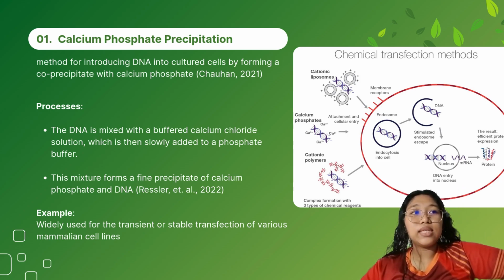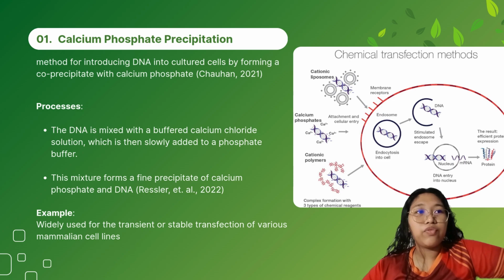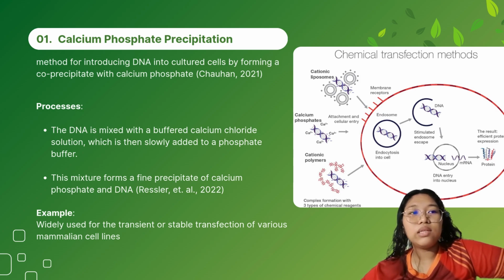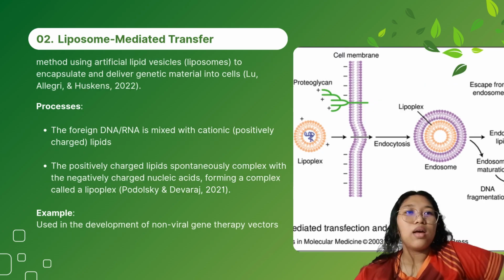An example of that is it is used for transient and stable transfection of various mammalian cell lines in basic molecular biology research to study gene function and protein expression.